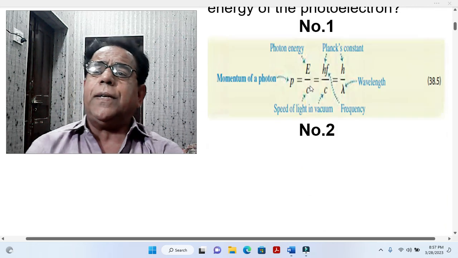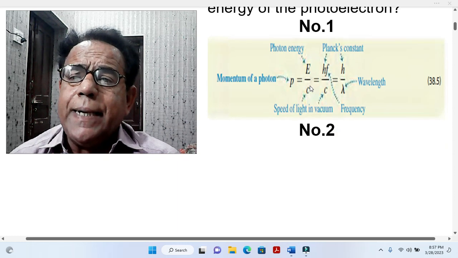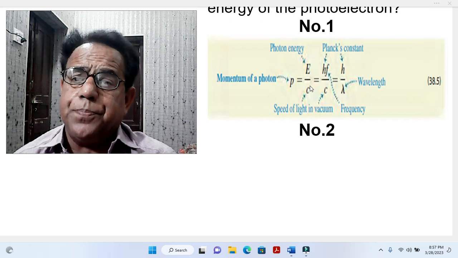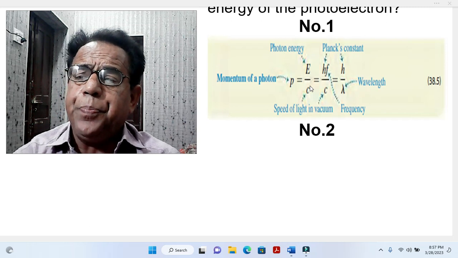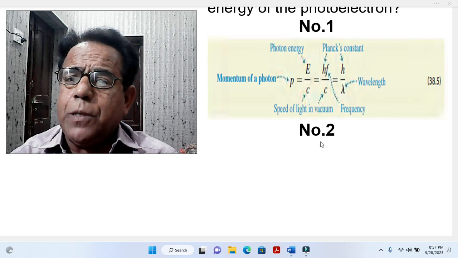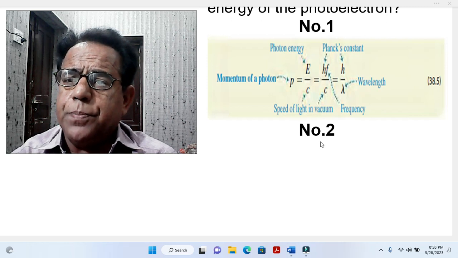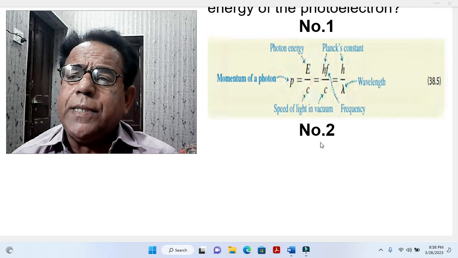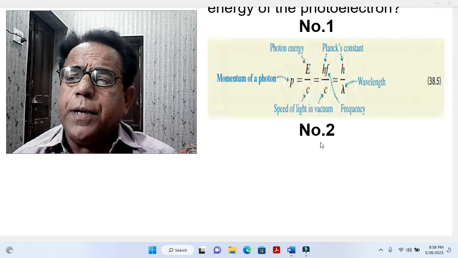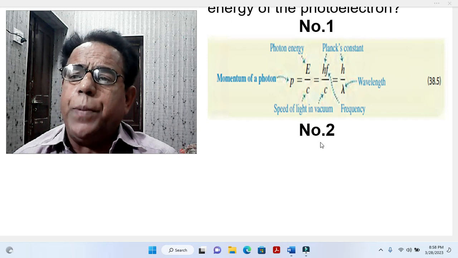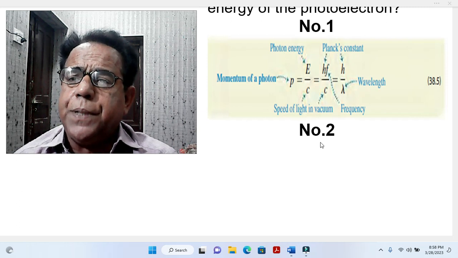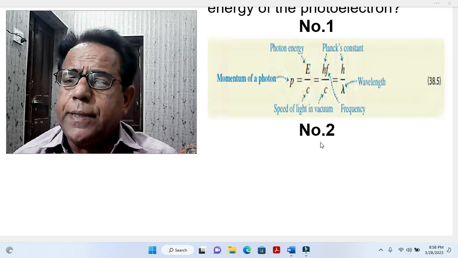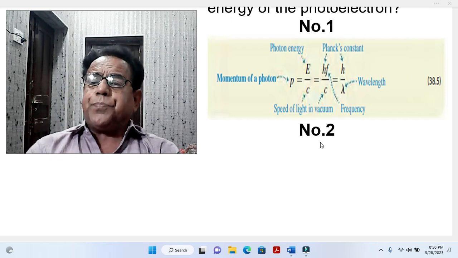Dear students, the first helping tool is that which has been taken many times during our previous problems. The tool is quite simple, in which the momentum of a photon is defined. Momentum of a photon denoted by P is equal to E over C, where E is the photon energy and C is the speed of light in vacuum.